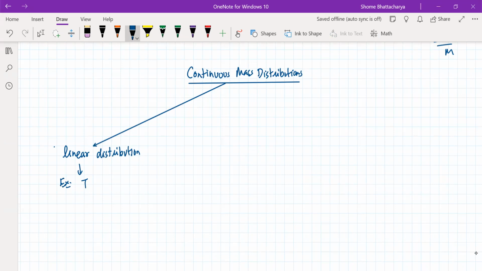So example, a thin rod, or a thin circular arc. Okay. So these are examples where mass is distributed over a length.